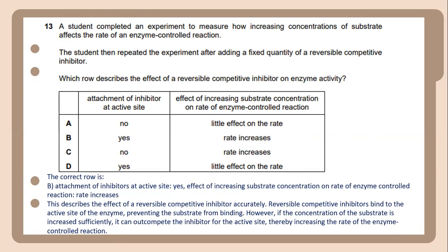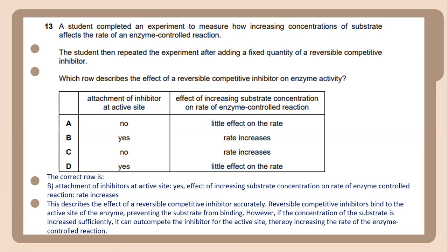The correct answer is B, which is the attachment of inhibitor at active site will be yes, and the effect of increasing substrate concentration on rate of enzyme-controlled reaction will be rate increases.